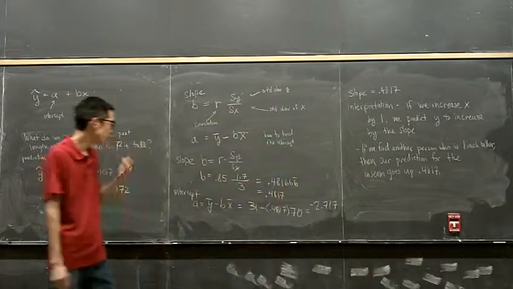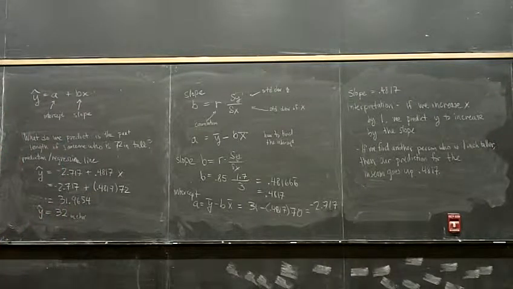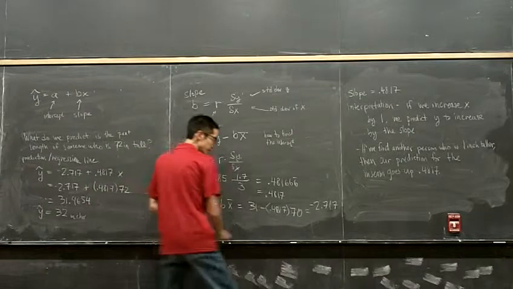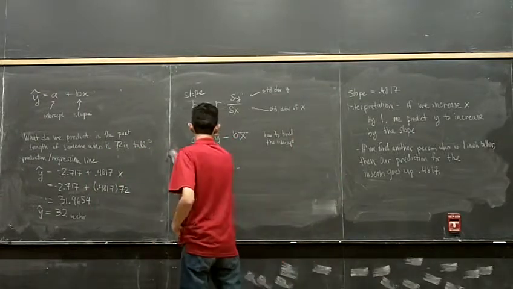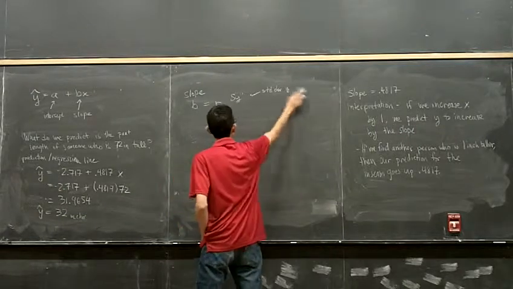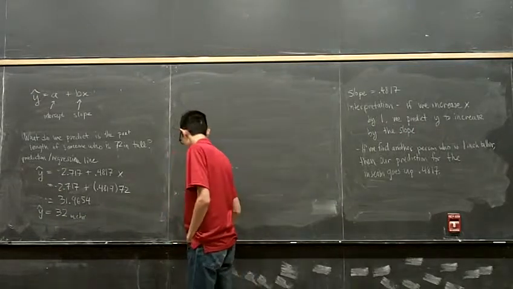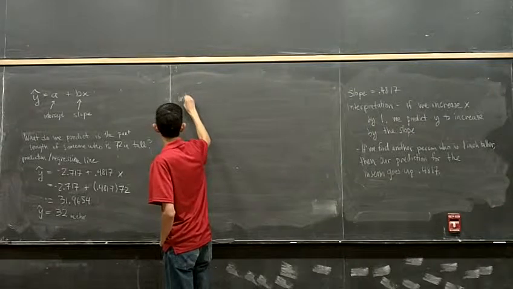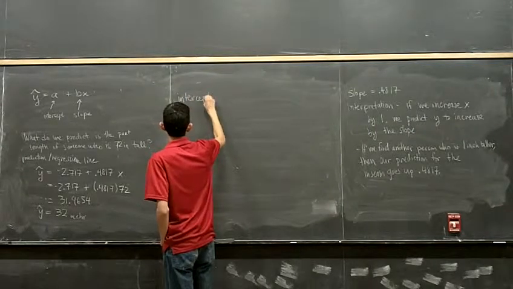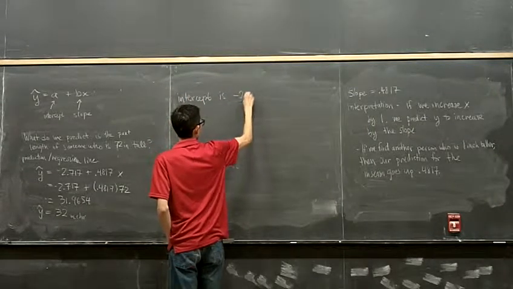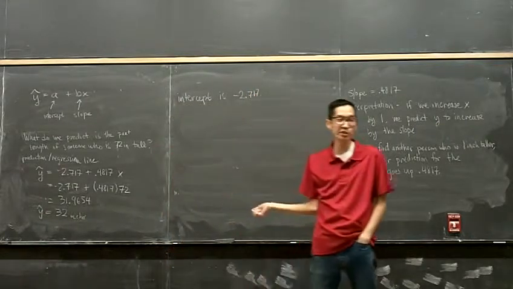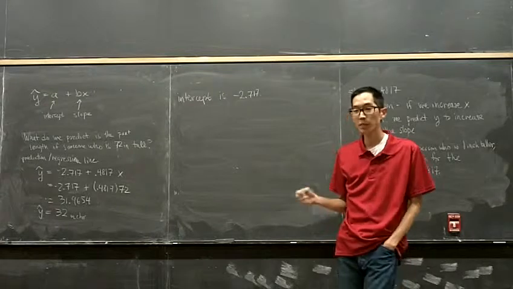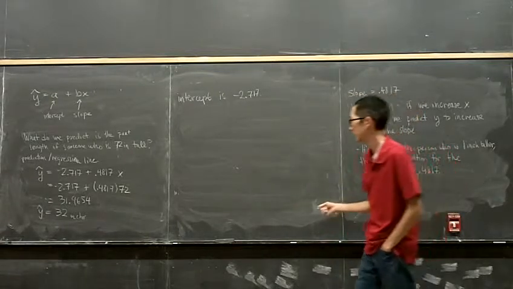Okay. The intercept, what was the value of my intercept? Negative 2.717. Okay. What is the interpretation of the intercept? The intercept is our prediction for y if I plugged in 0 for x.